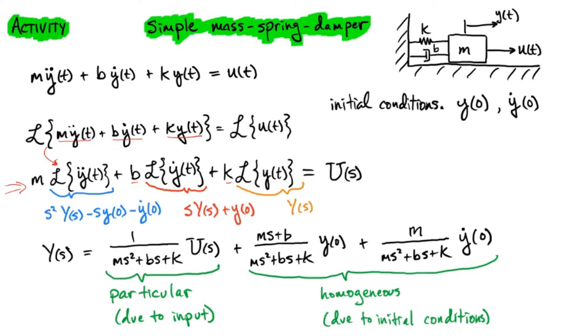So capital Y of s is exactly the definition as being the Laplace transform of little y of t. So that's almost by definition, because again, Y of s and y of t are things that we don't know. So the best we can do is represent it in its Laplace form in the Laplace domain.